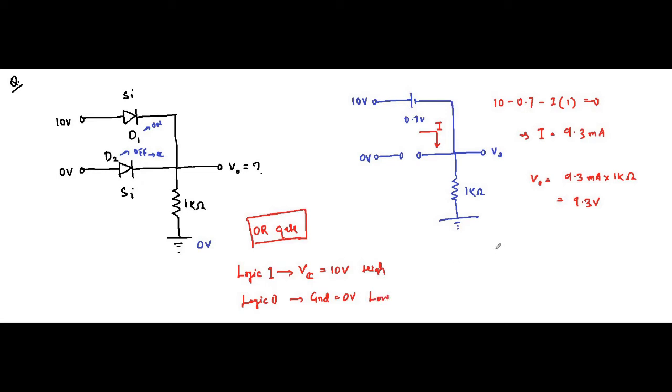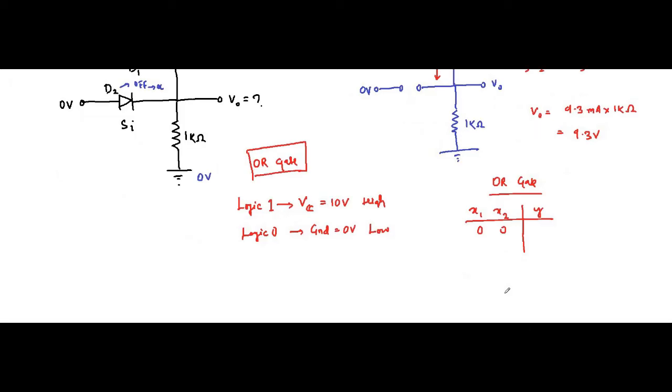The truth table for OR gate, we all know, we have discussed. Two inputs, let's say we call it x1, x2, and let's say this is y, the output. So it is 0 0 0, 0 1 1, 1 0 1, 1 1 1.